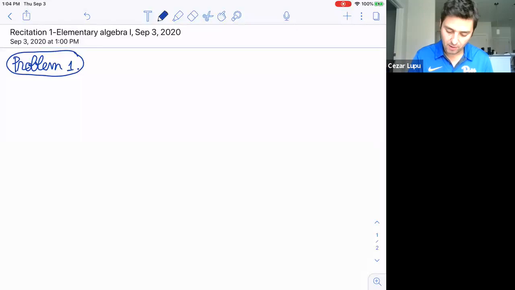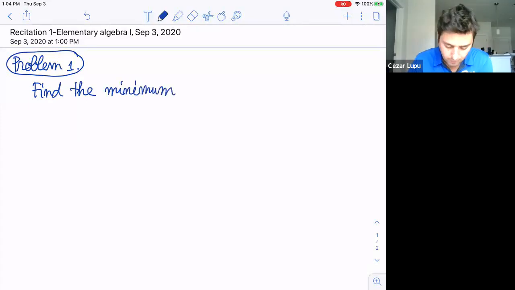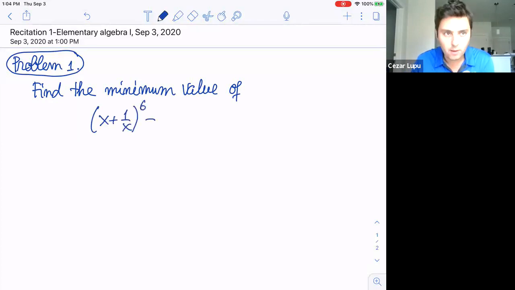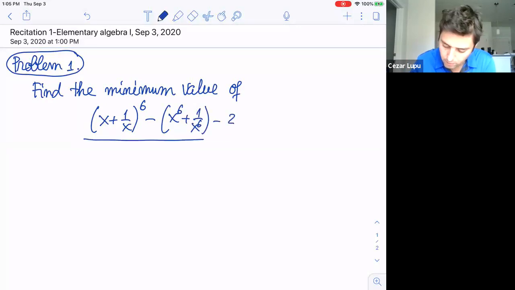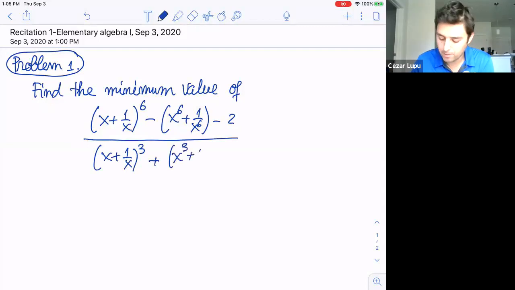So problem one said the following: find the minimum value of the expression (x plus 1 over x) to the power 6 minus (x to the 6th plus 1 over x to the 6th) minus 2, and this will be over (x plus 1 over x) cubed plus (x cubed plus 1 over x cubed). I think that was the problem, correct?